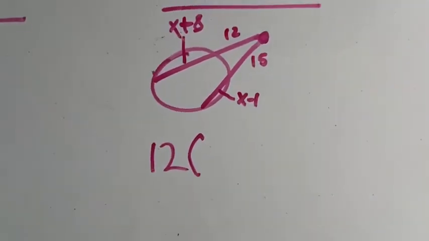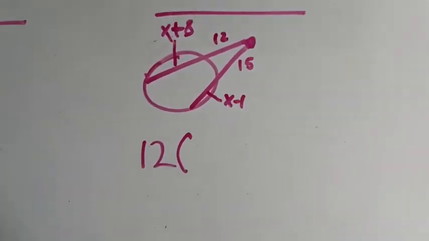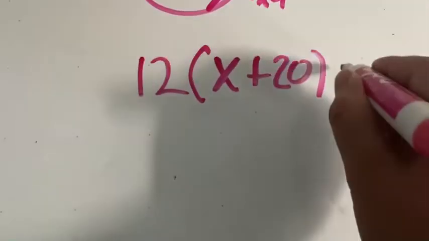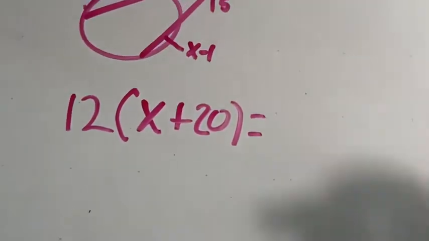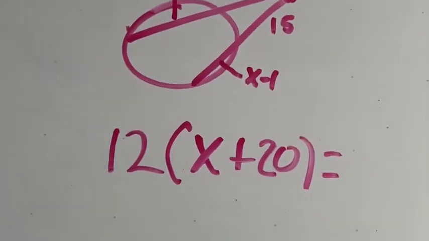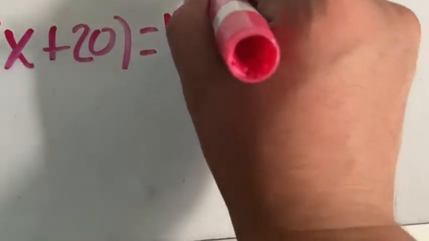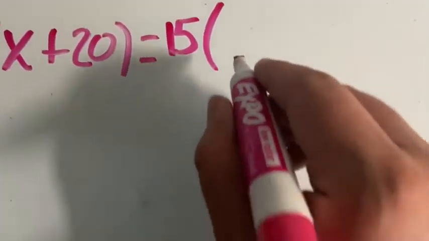It is going to be x plus 20. We're going to set that equal to something. Similarly, we're going to do the same process with 15 times x plus 14.